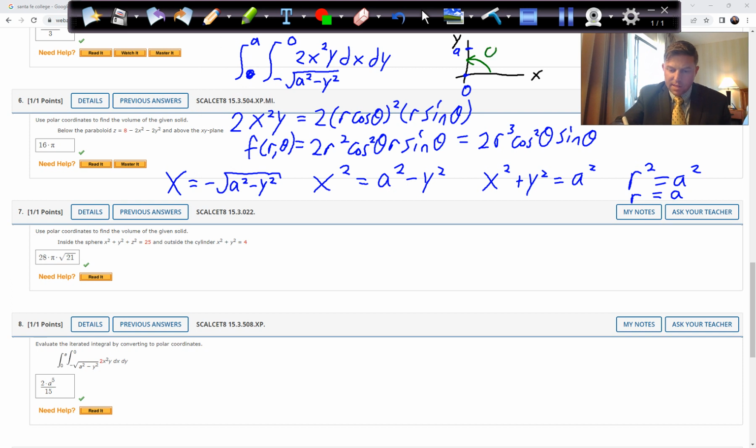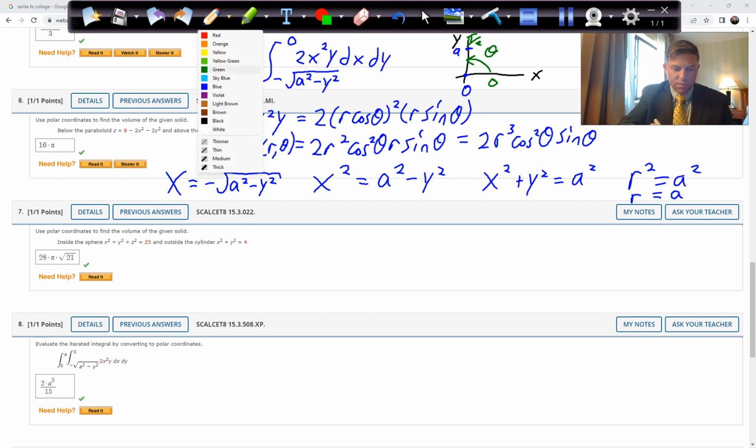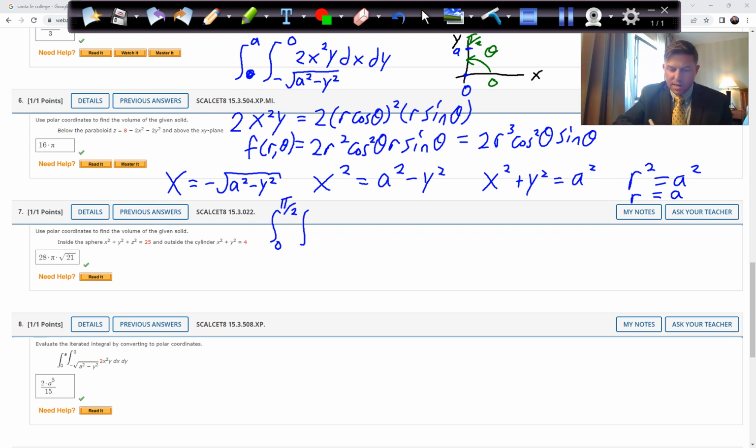So theta goes from 0 to pi over 2 at the y-axis. So we're going to write our limits as 0 to pi over 2 for theta. Radius goes from a to 0, so we keep this 0 here, and we proved that the square root of a squared minus y squared is a.